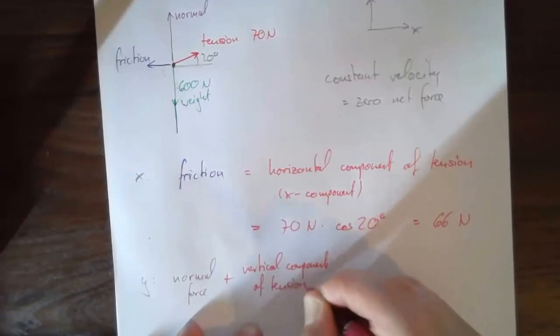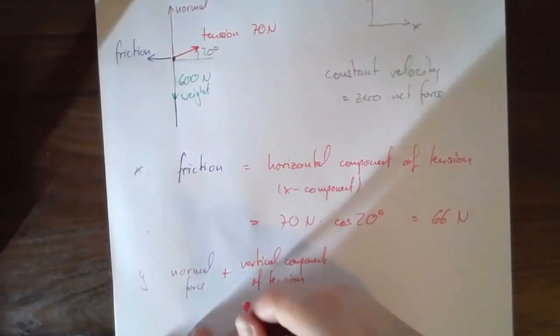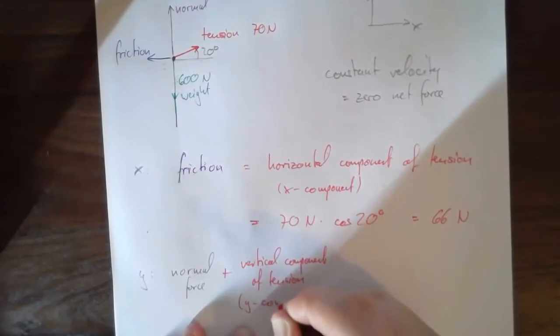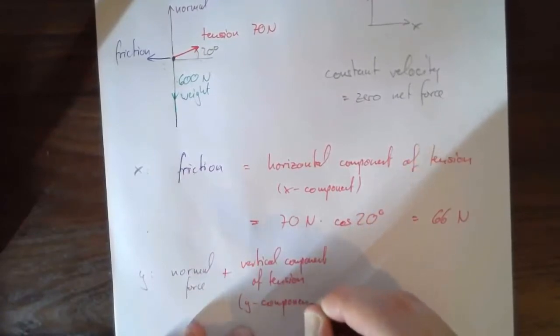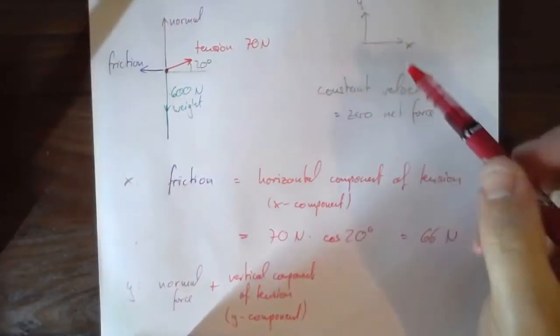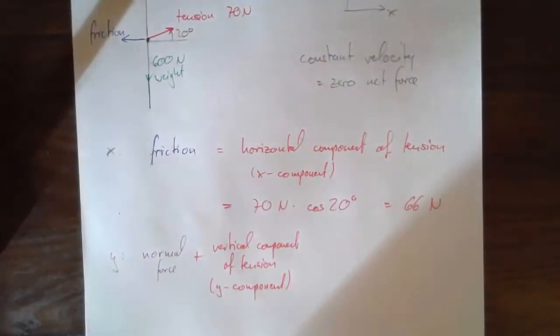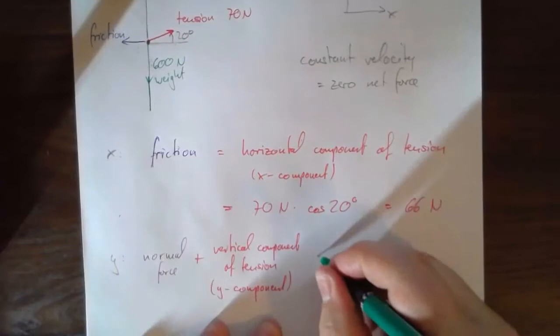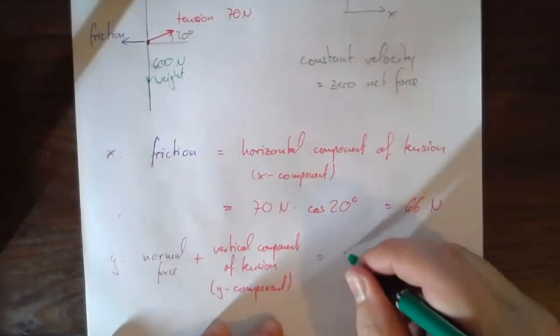The vertical component of the tension, or the y component, I could say. I mean, I could have just said horizontal, vertical the whole time and never introduced x and y. Again, that would have been an okay thing to do. But those two act upwards, while they exactly cancel out the weight.